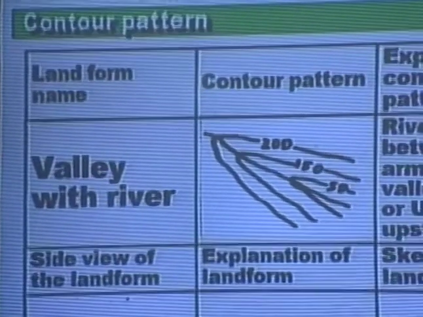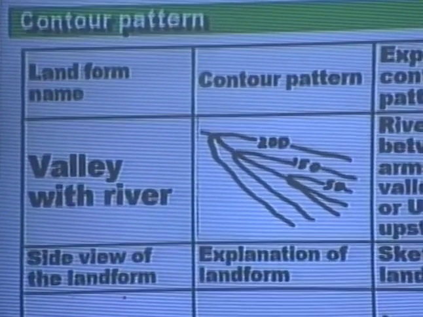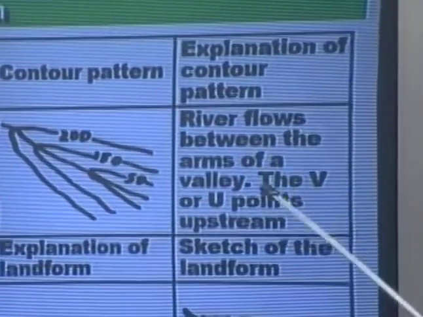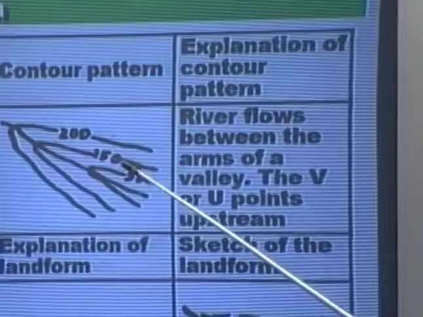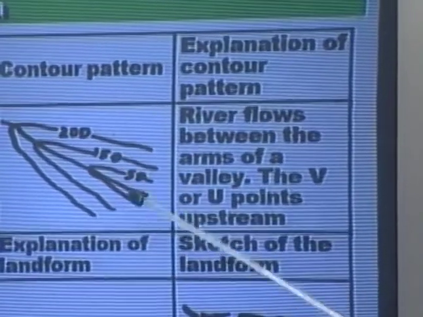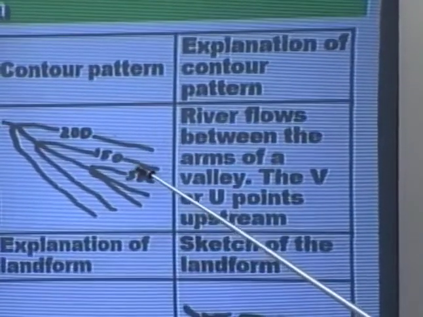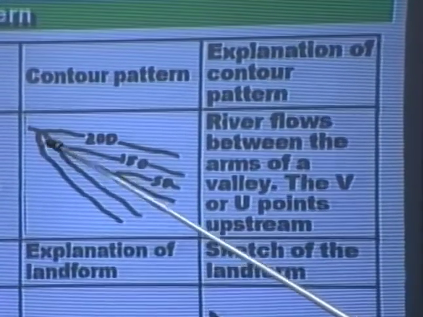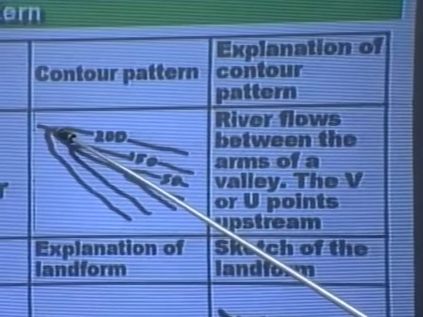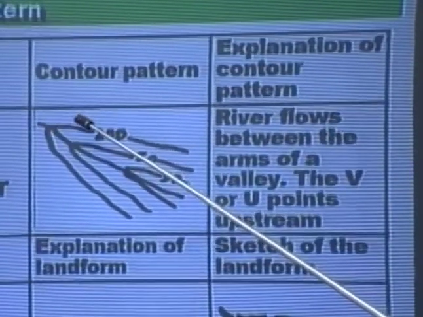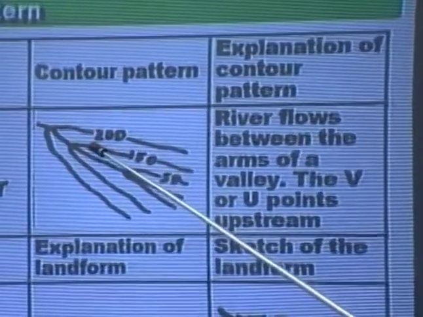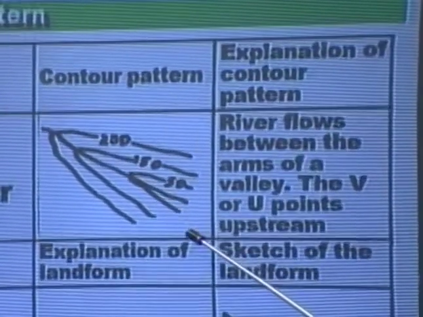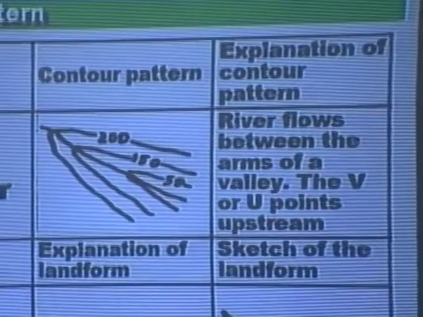The explanation tells us that rivers flow between the arms of a valley, and note again the V or the U points upstream, and you can see that clearly. They point upstream simply because we can tell the value is getting higher as we go to the top of that feature. And we note also from common sense that rivers or streams would usually start from higher areas and flow down towards the lower areas.